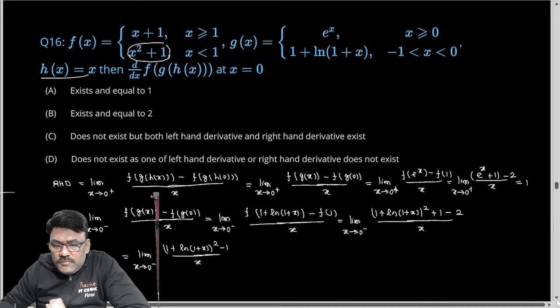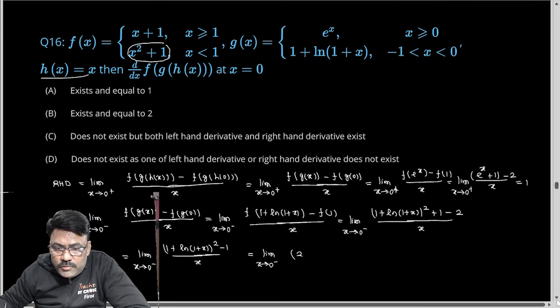Now just factorize it using the formula a square minus b square. So you will get limit x approaching 0 minus, a square minus b square is (a plus b)(a minus b). So a plus b will be 2 plus log(1 plus x), and a minus b will be log(1 plus x). And in the denominator you have x.